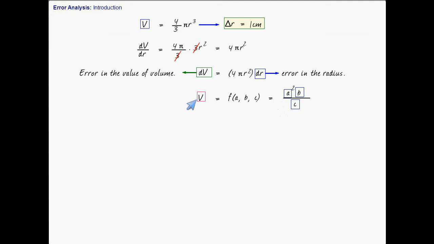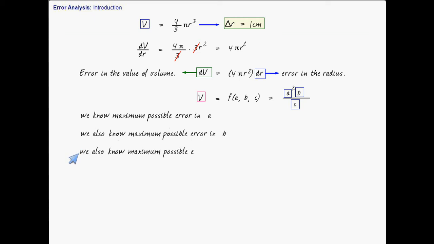In that calculation, suppose we know the maximum possible error in A, in B and in C, which are the least counts of the devices used to measure A, B and C. Then what will be the maximum possible error in V?